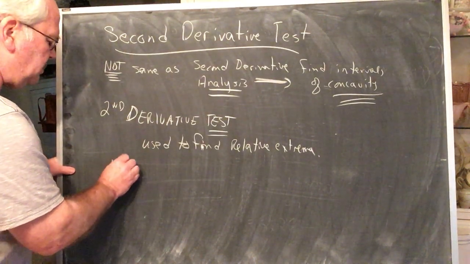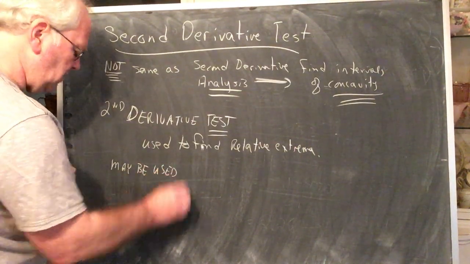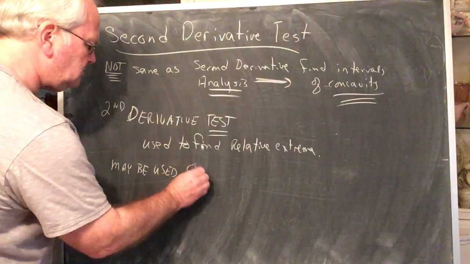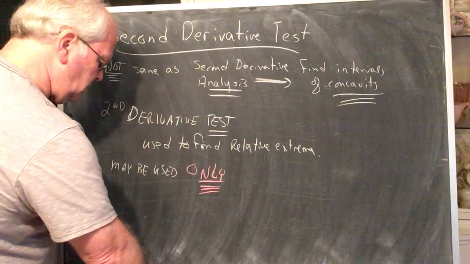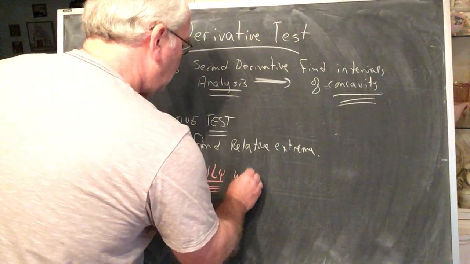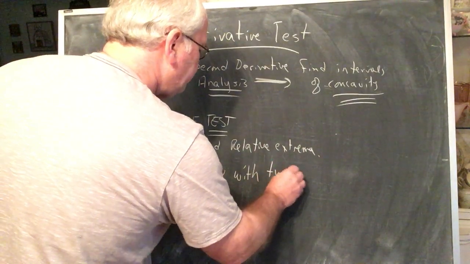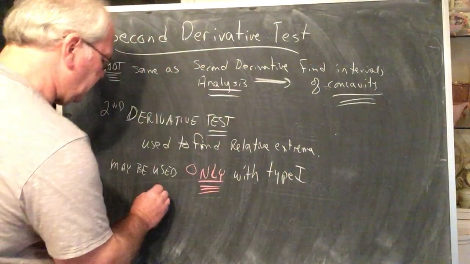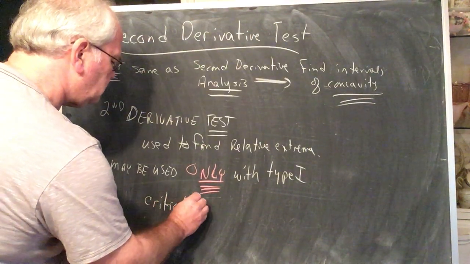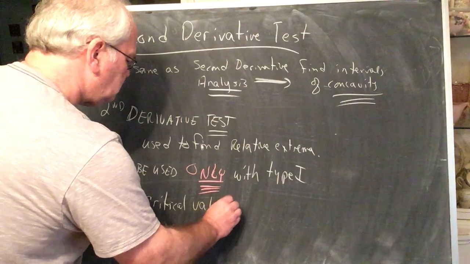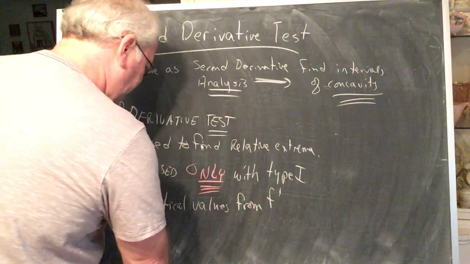It may be used only with type 1 critical values from the first derivative.